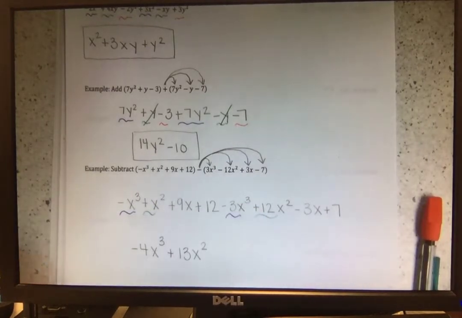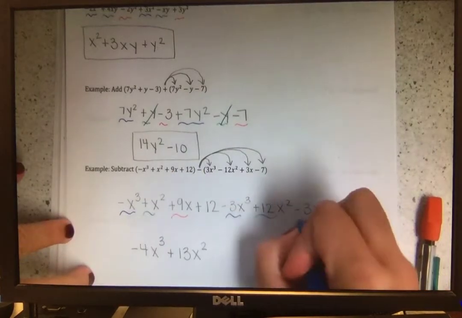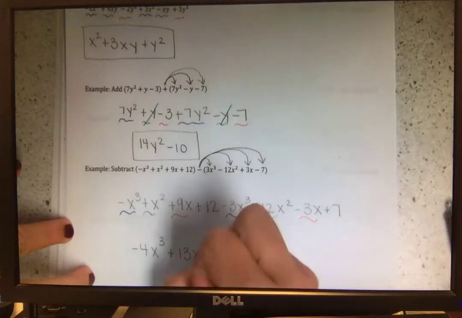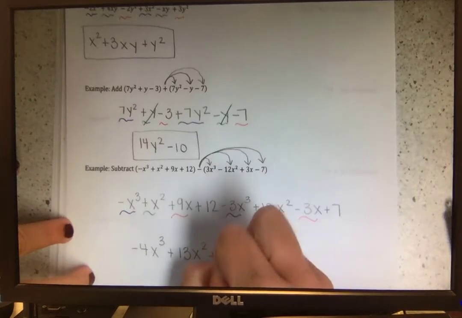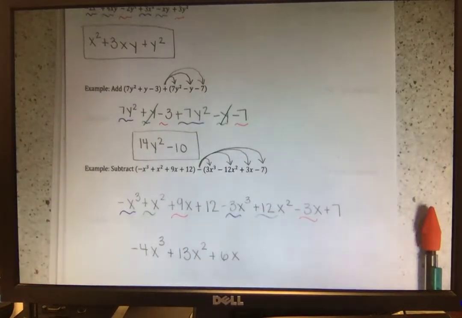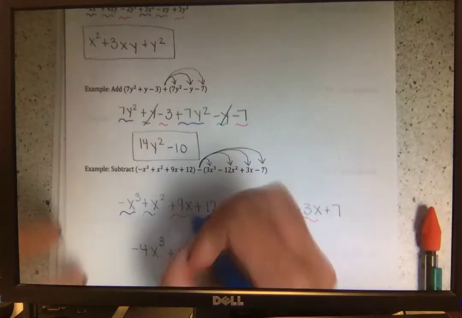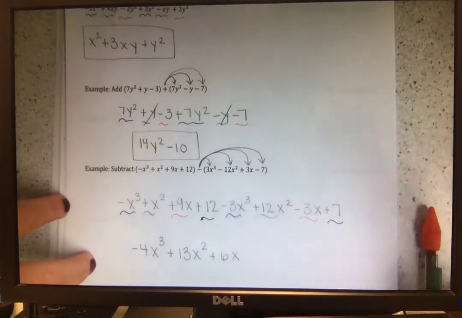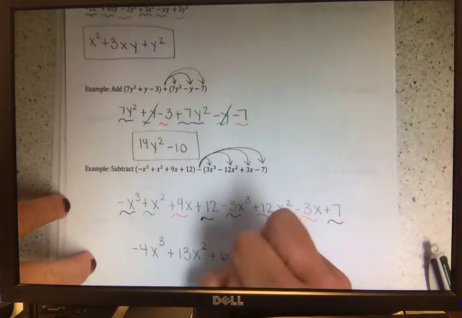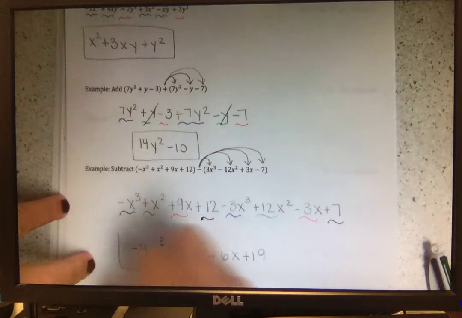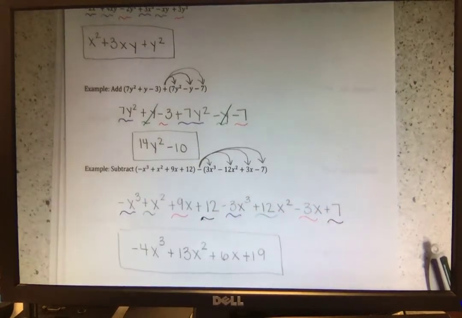We next have 9x minus 3x, which will give us plus 6x. And last but not least, we have 12 plus 7, which will give us plus 19. So that'll leave us with our final answer of negative 4x cubed plus 13x squared plus 6x plus 19.